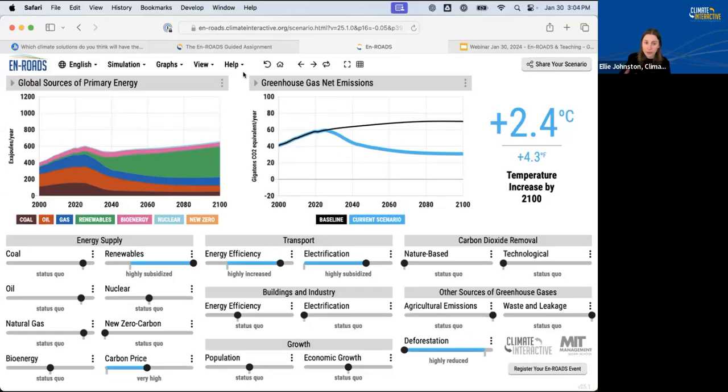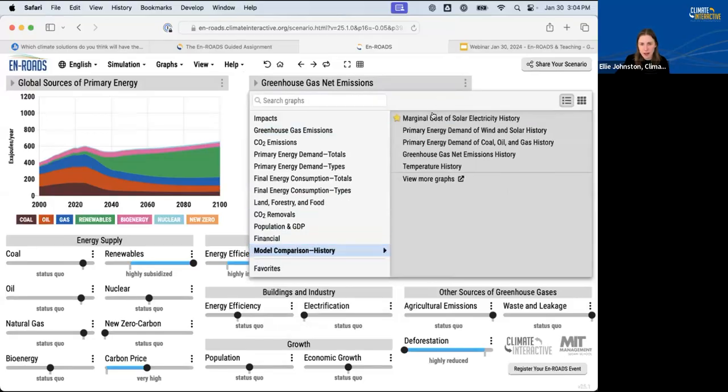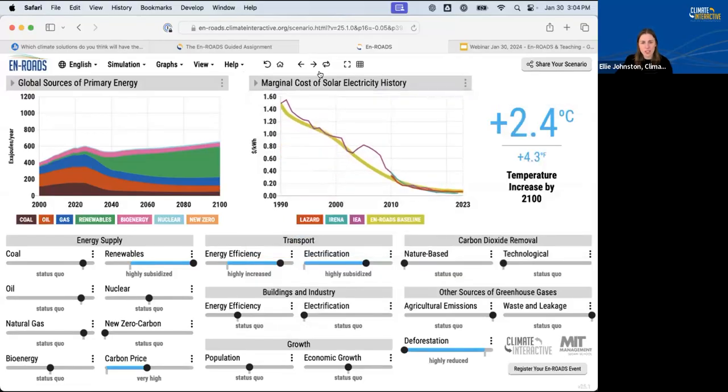So we're building it, and if you want to get into the different graphs, we have a whole variety of different graphs that look at a bunch of different topics, but there's this one graph, marginal cost of solar electricity history. This actually is a static graph. Most of the graphs, as you move sliders, you'll see them change, but this one is static, and it's just there for reference, to remind people of where we've come in just the last, say, 30 years or so.